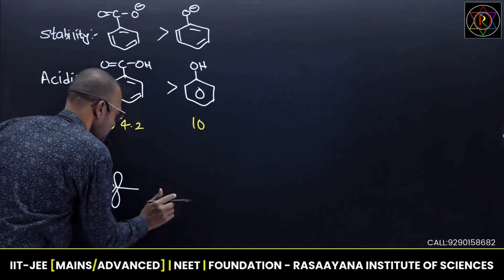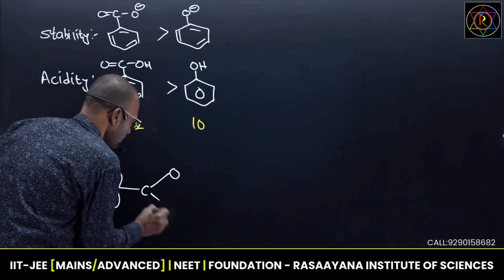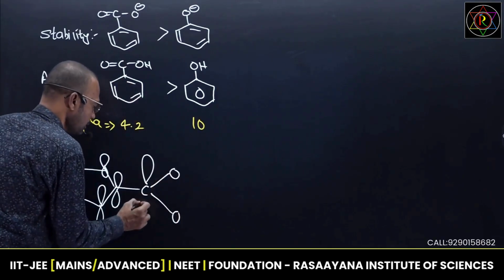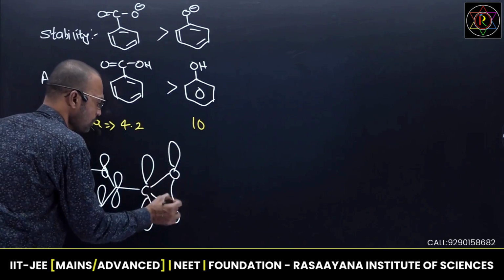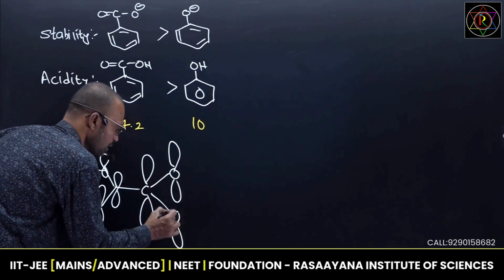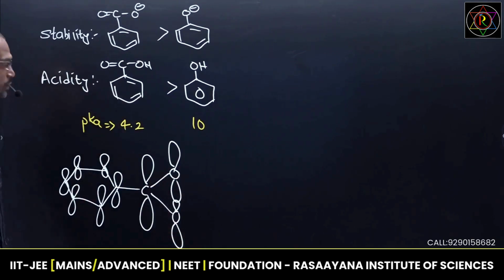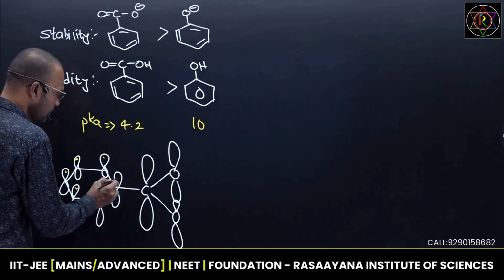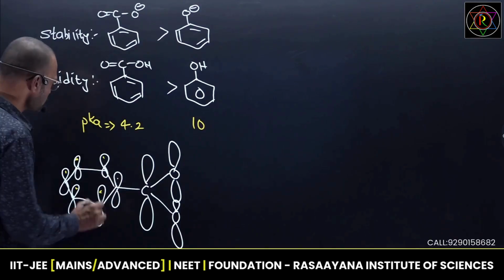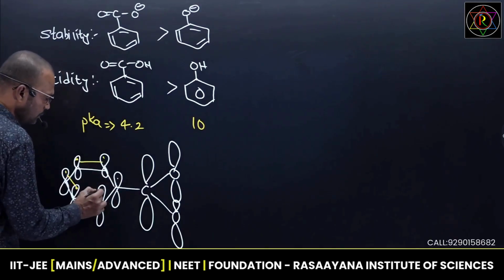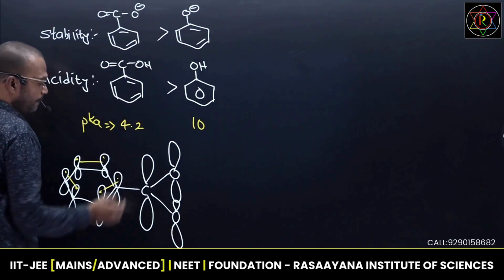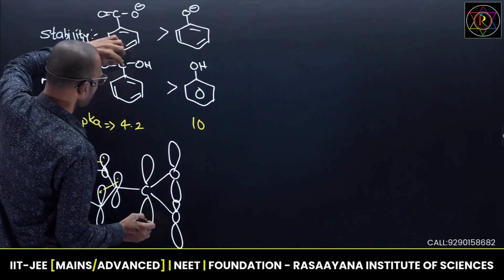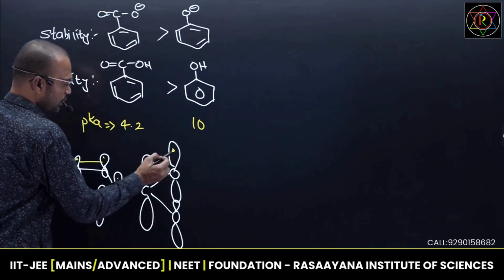See this. This is oxygens, and here is a p orbital, and here one more p orbital, and here one more p orbital with negative charge. This is a carbanion I am writing. Now here one electron. So these are the pi bonds which are formed here in benzene. Now this is benzoate, this one I am writing. Between carbon and oxygen a double bond is there. Here one electron.